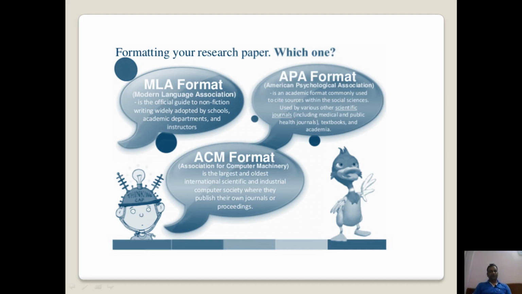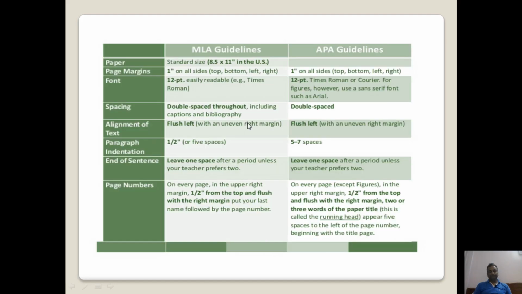ACM stands for Association for Computing Machinery, the largest and oldest international scientific and industrial computer society, where the publishers publish their own journals or proceedings. So these three are all very popular and used by researchers nowadays, and we have to keep them in mind.